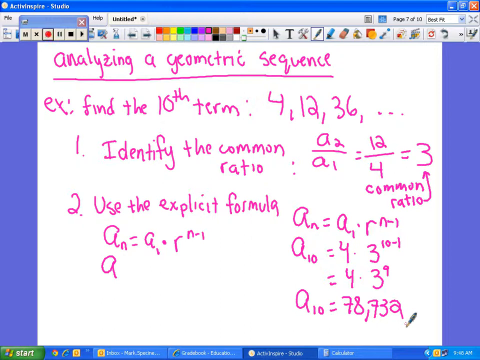You could be asked to find the 8th term, as in tonight's homework. The homework questions don't ask you to find the 10th term. They ask you to find the 8th term. The question was, is it always going to be the 10th term that you're looking for? The answer is no.